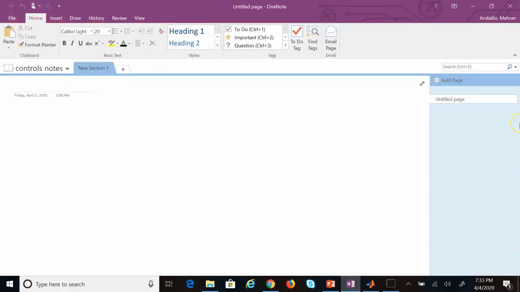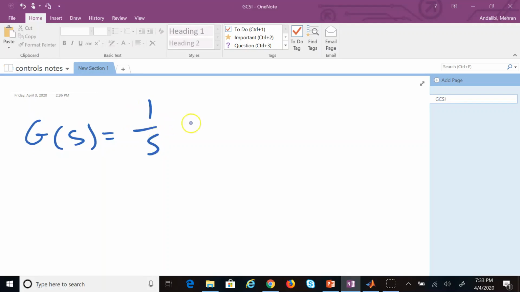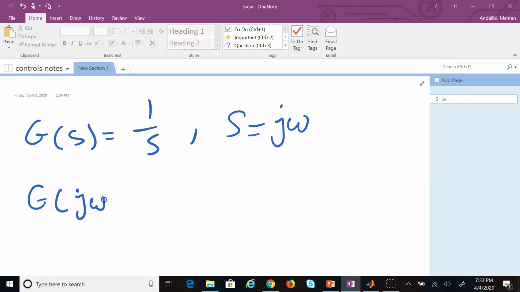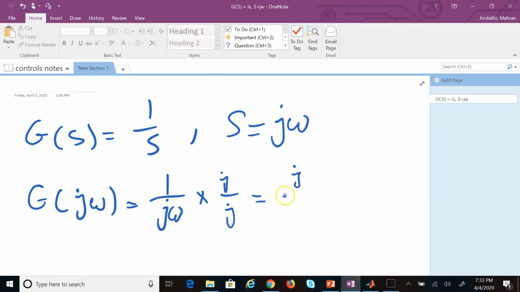Our g of s is 1 over s, and I plug in j omega for s, so g of j omega, the complex number, is 1 over j omega. I can multiply by j and divide by j, so it is j divided by j squared times omega, and we know j squared is -1.